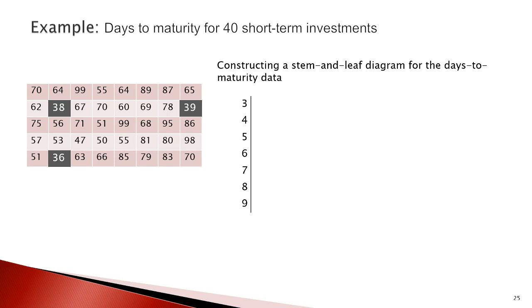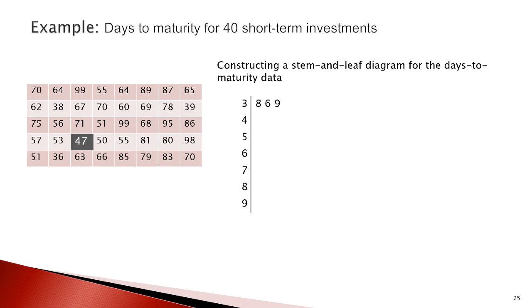There are 3 numbers that begin with 3, that is 38, 36 and 39. So we put 8, 6 and 9 next to 3 as the leaves, right? Similarly, you can fill in the stem and leaf diagram for the rest of the stems.